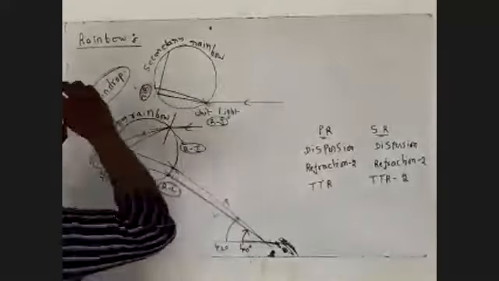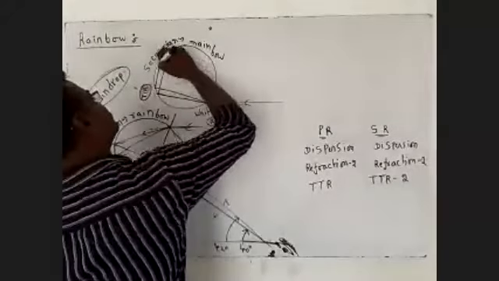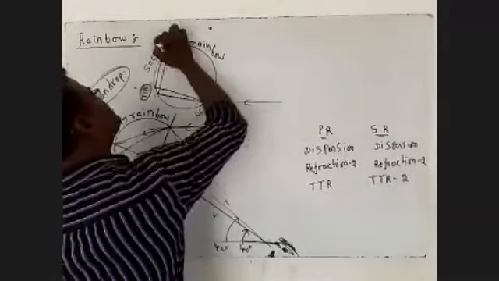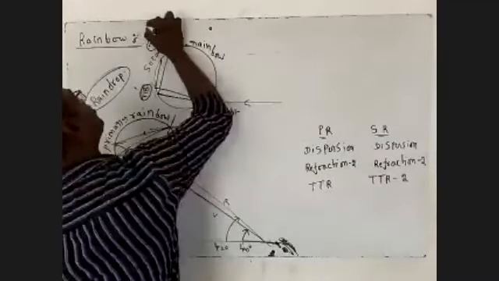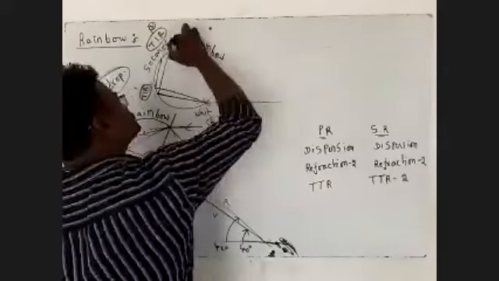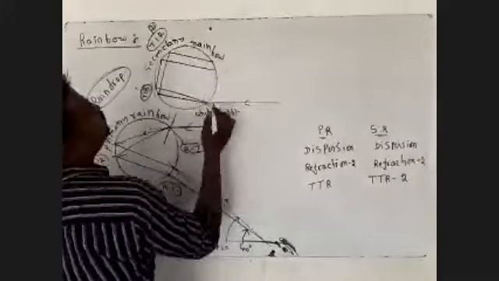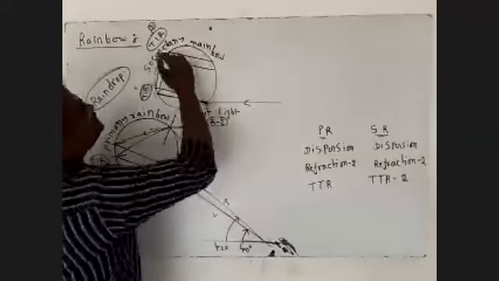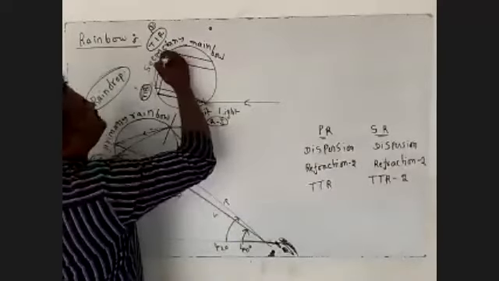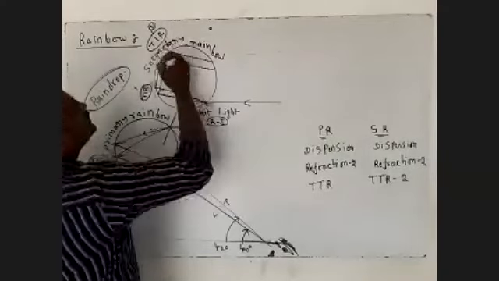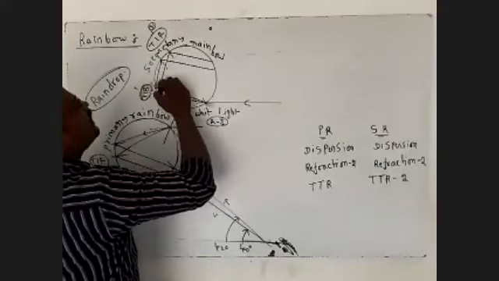Again it is reflected here. Once again, total internal reflection number two. Again the light is reflected here. You see, angle of i is equal to angle of r.